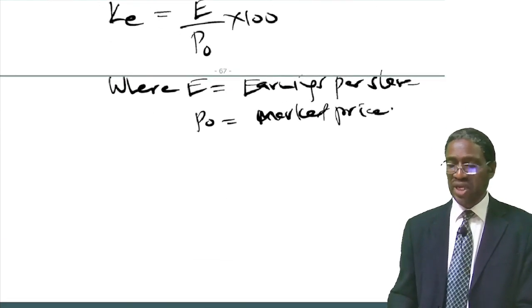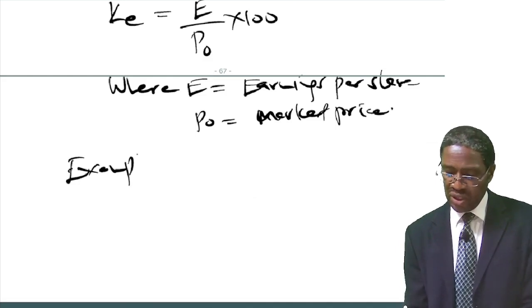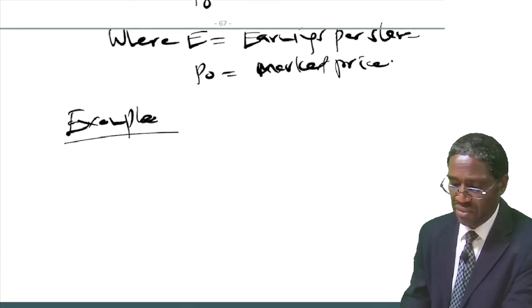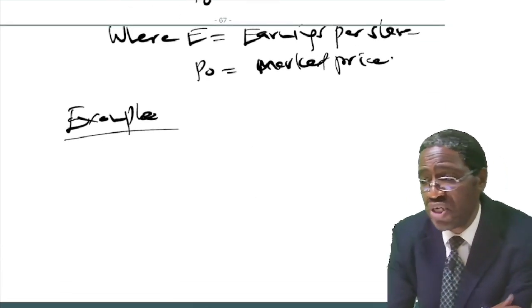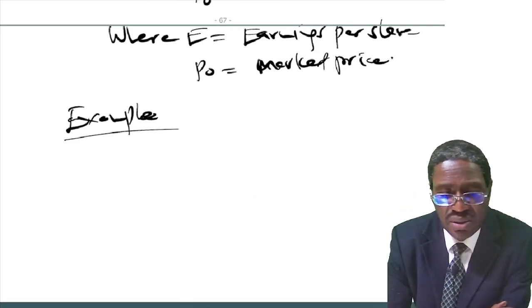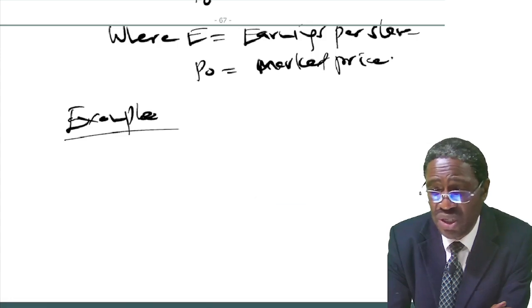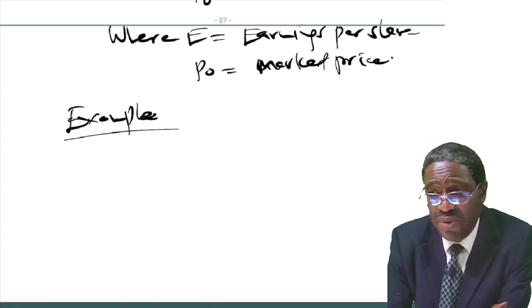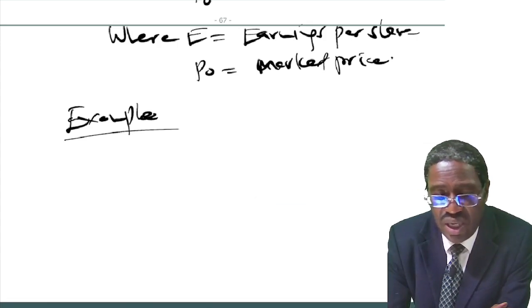Example: a company's current market price per share is shillings 150.